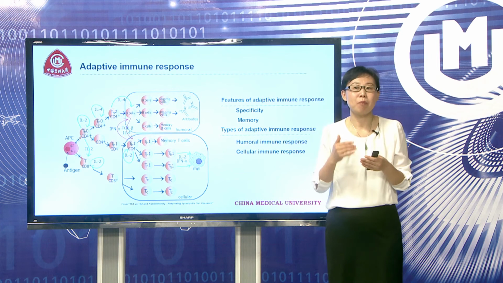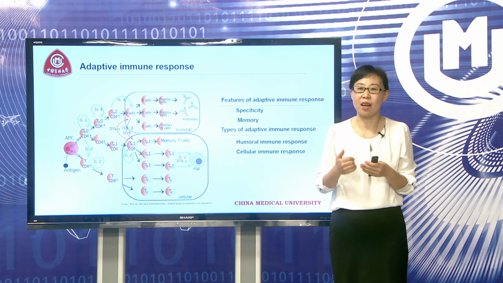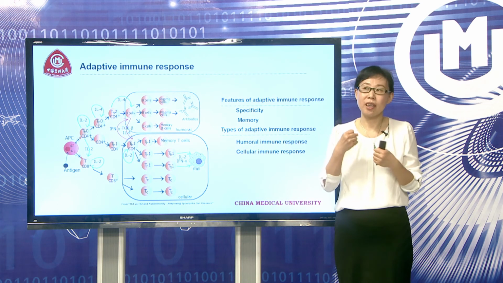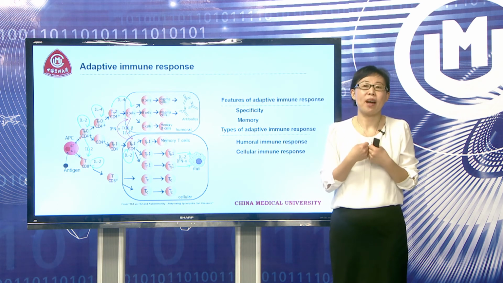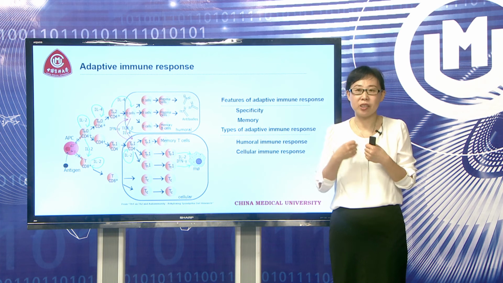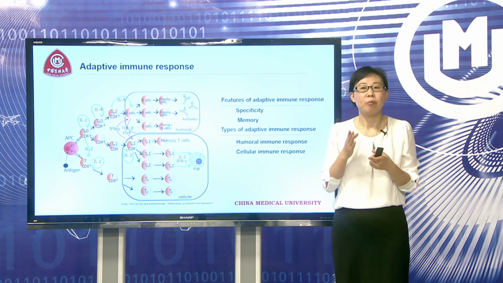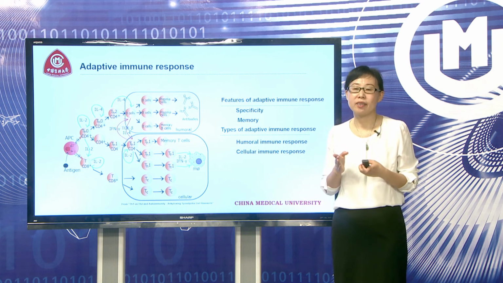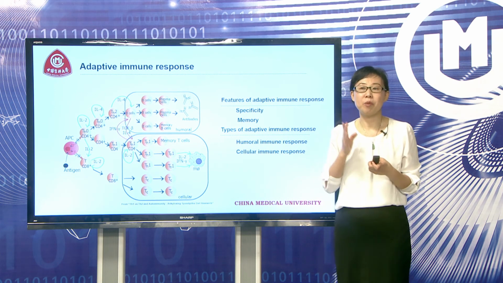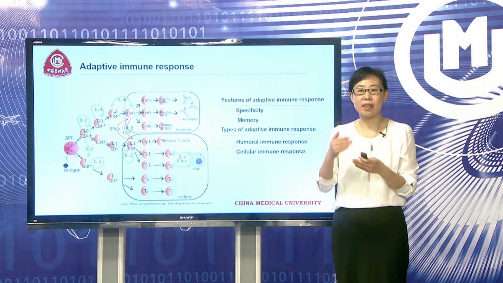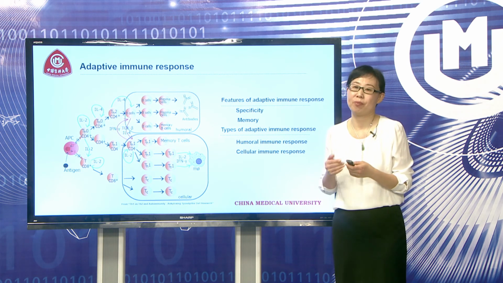So once they meet the antigen a second time, those memory cells can quickly fight against the pathogen, and they can efficiently remove the pathogens. So this is called immunological memory. Just because of the immunological memory, we can use the vaccine to prevent the disease.